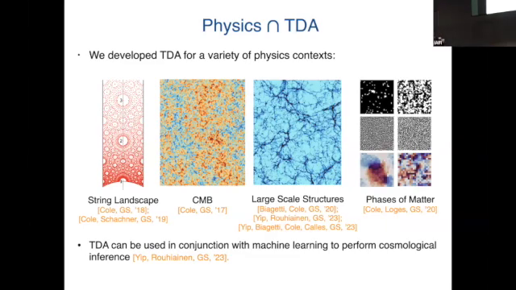And towards the end of the talk, I will mention some work that we have done showing that TDA can be used together with machine learning to do cosmological parameter inference. The punchline is, even without much effort, a simple neural network can already give fairly accurate parameter estimations.